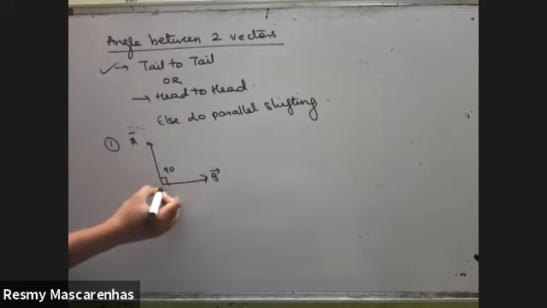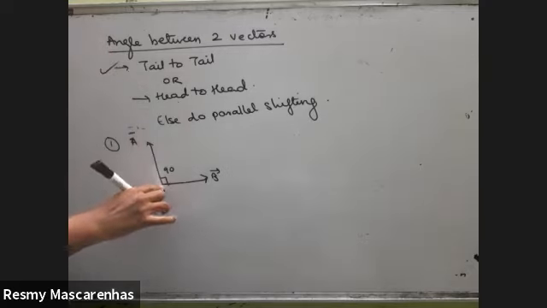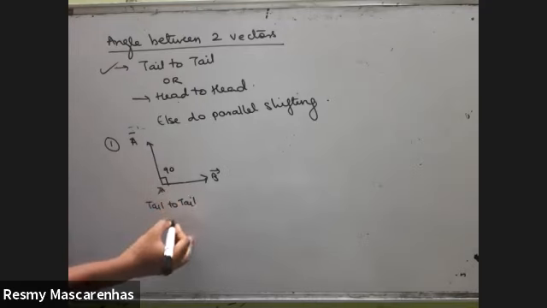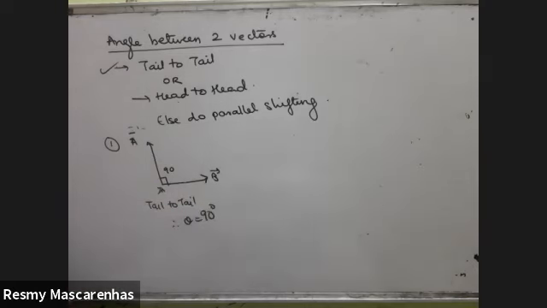Here I can measure, tail to tail is connected. So directly you can write theta is 90 degrees. The angle between A and B, the angle between the two vectors, is 90 degrees over here. Why? Because both the tails are together.